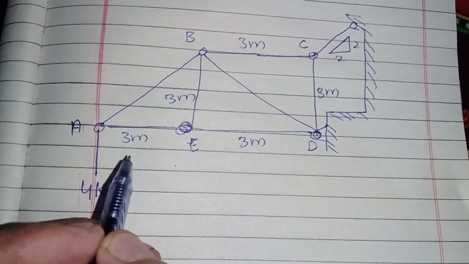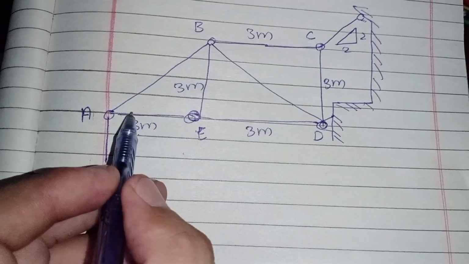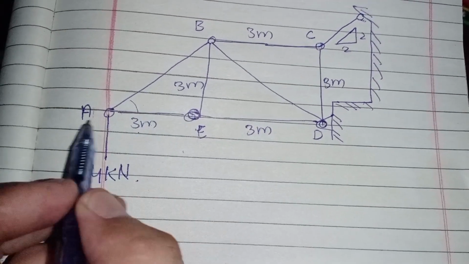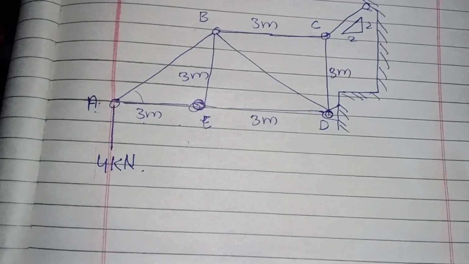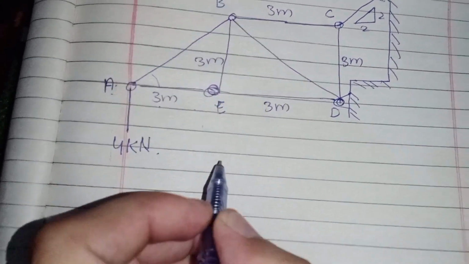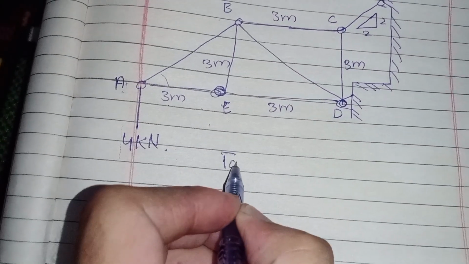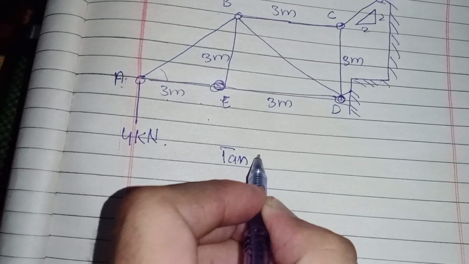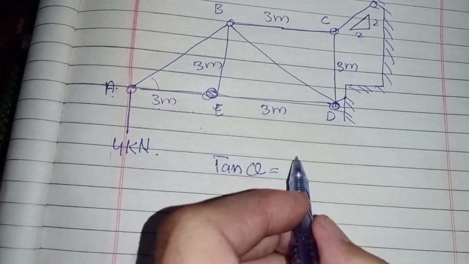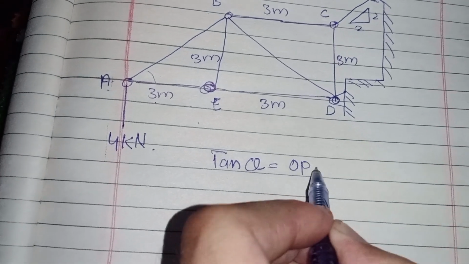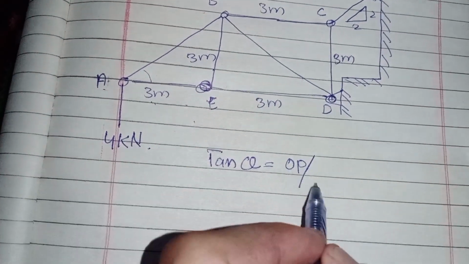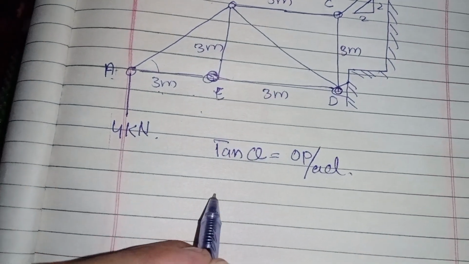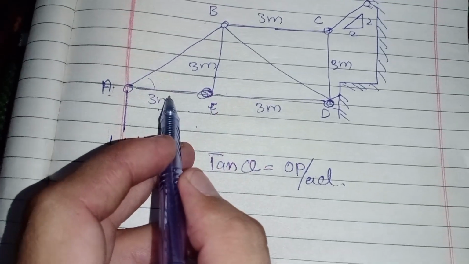First of all you have to find the angle between AE and AB. You have studied already that tangent theta equals opposite side divided by adjacent side, or rise divided by fall.